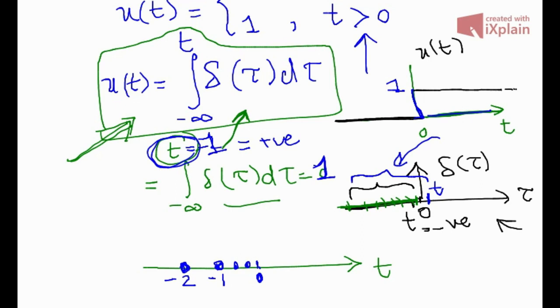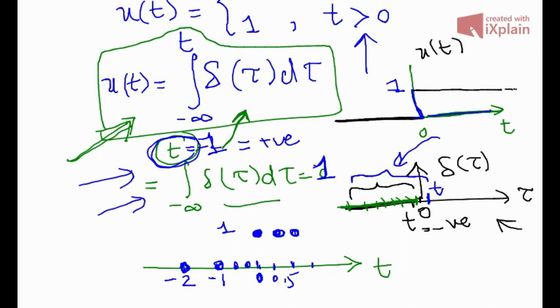For that instant, very close to 0, it has value 1, because the integral is integrating an impulse and the area of the impulse is unity. Similarly at 0.5, I get the same integral 1, and for t equal to 1, again 1.